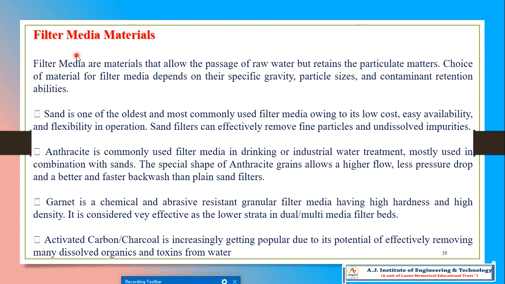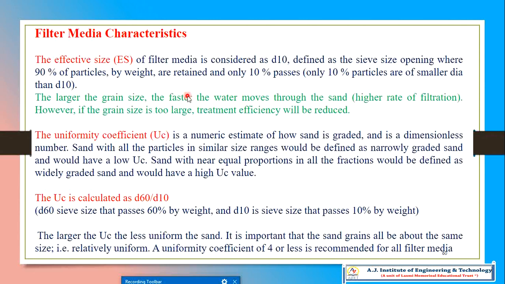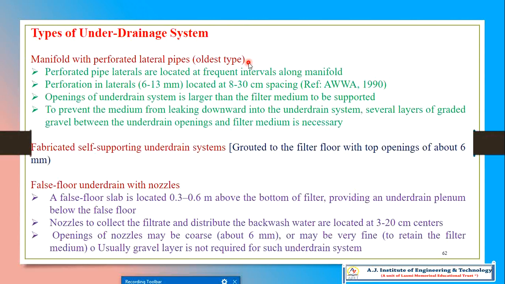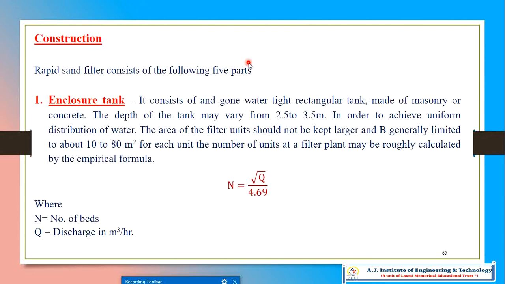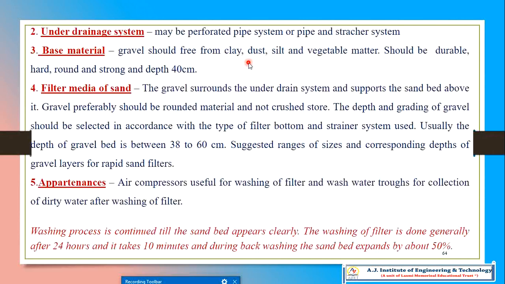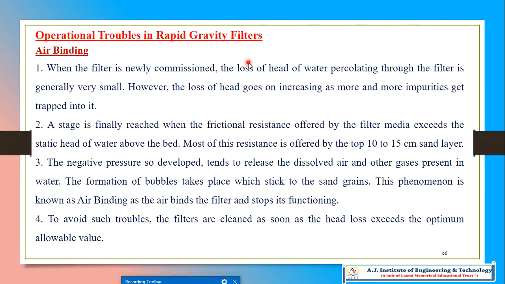And filter media materials, very important media characteristics, fine sand specification, types of under drainage system, and construction. Types of under drainage system we explained, and construction of enclosure tank, under drainage system, waste material, filter media, and apparatus. This is about today's video class.